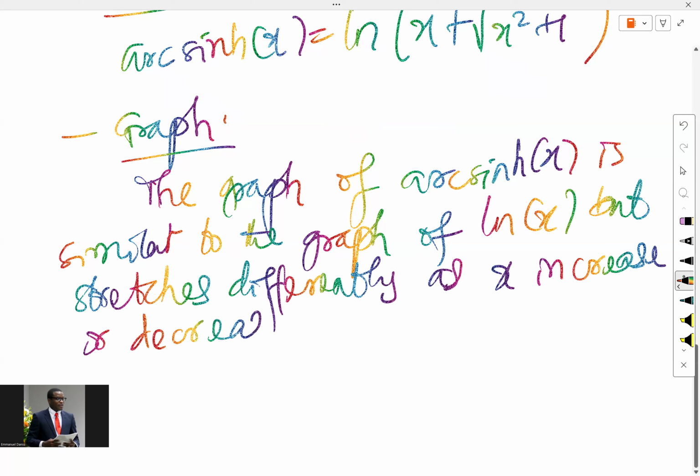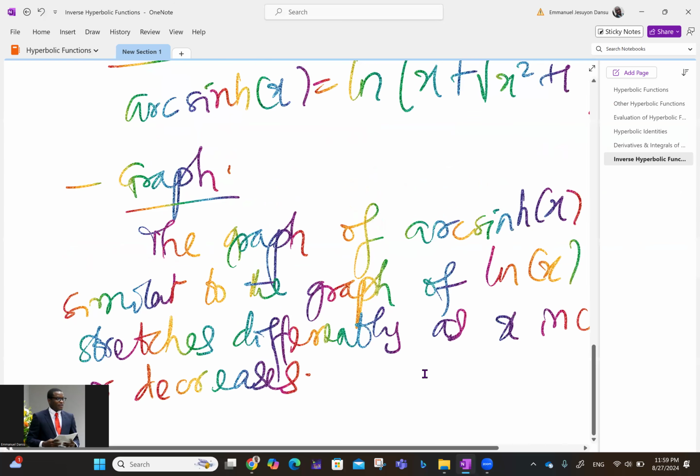So it will be important to compare it with the graph of ln x. Let's see what the graph looks like.